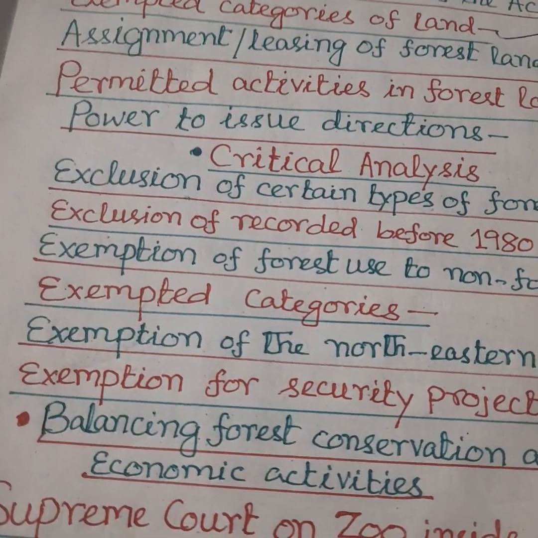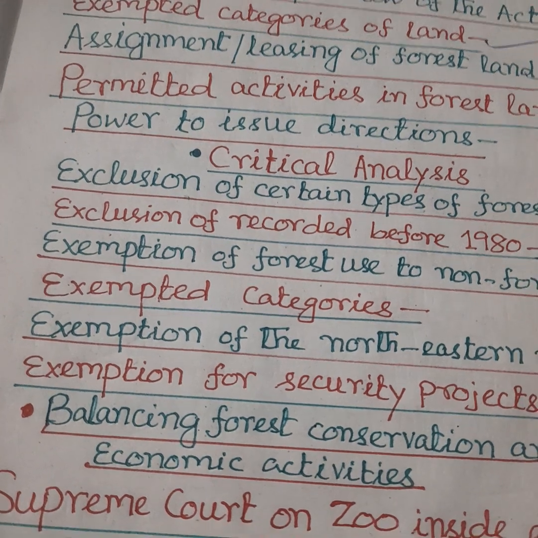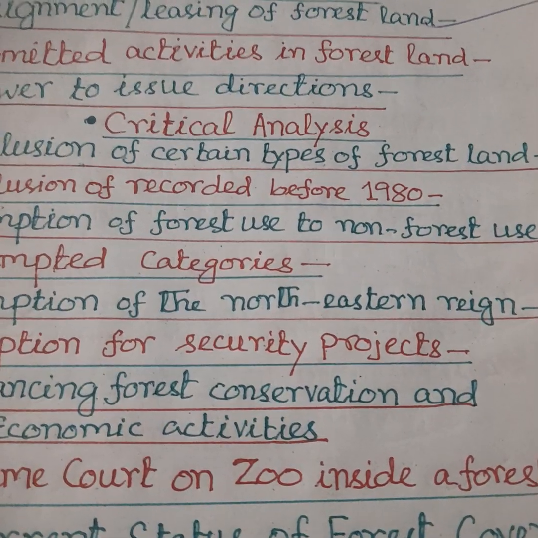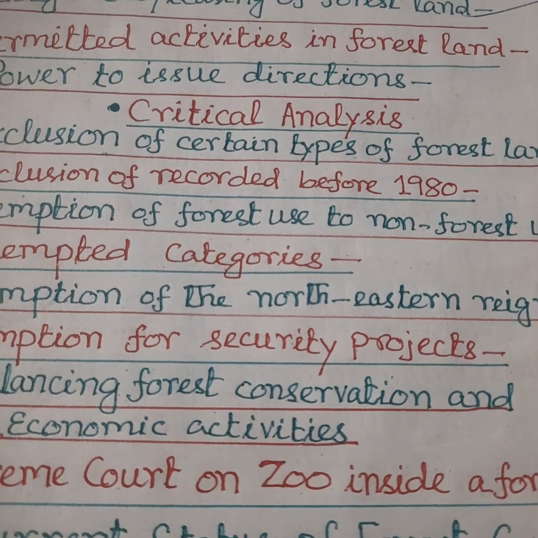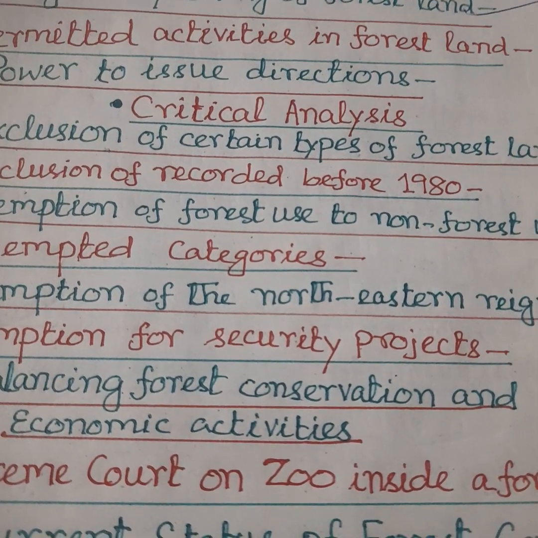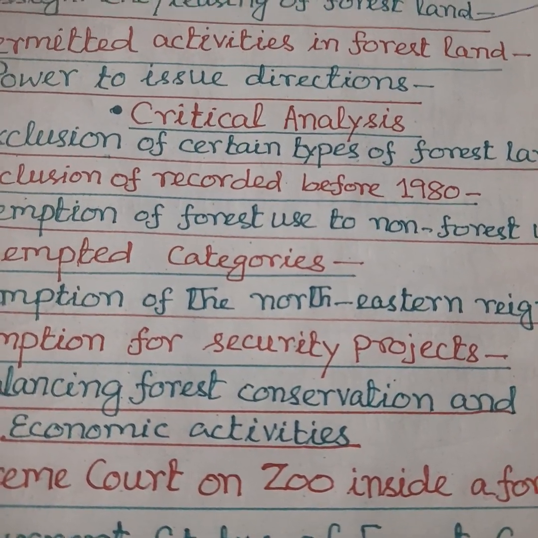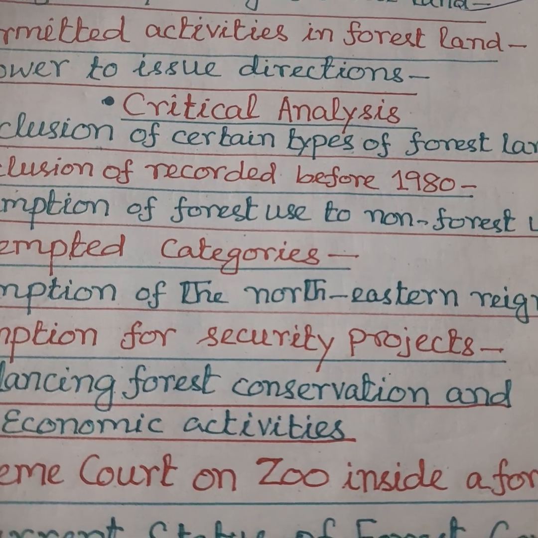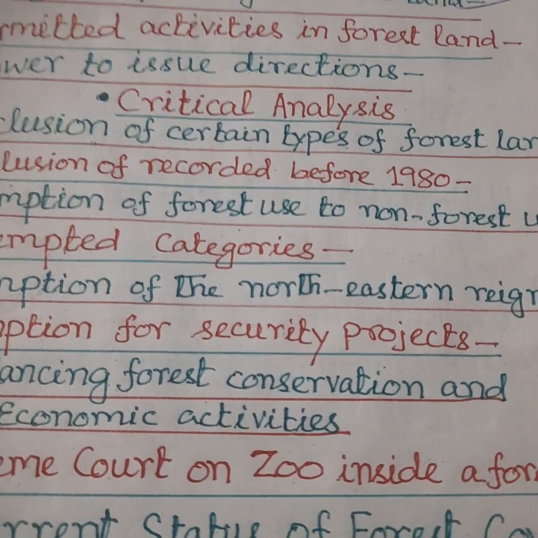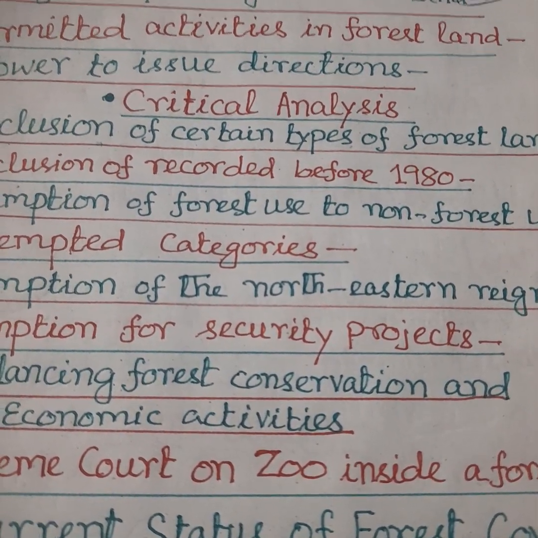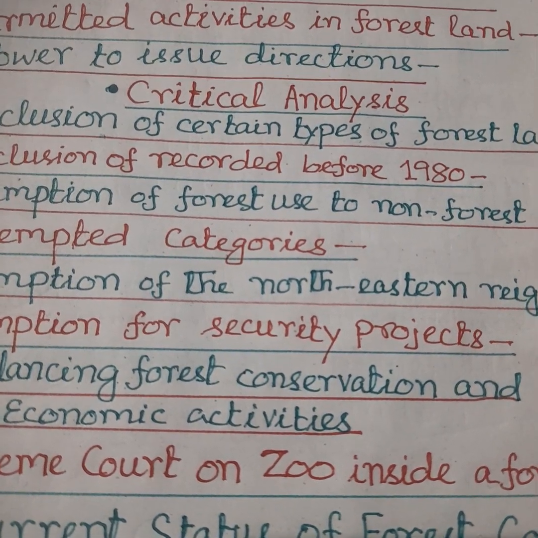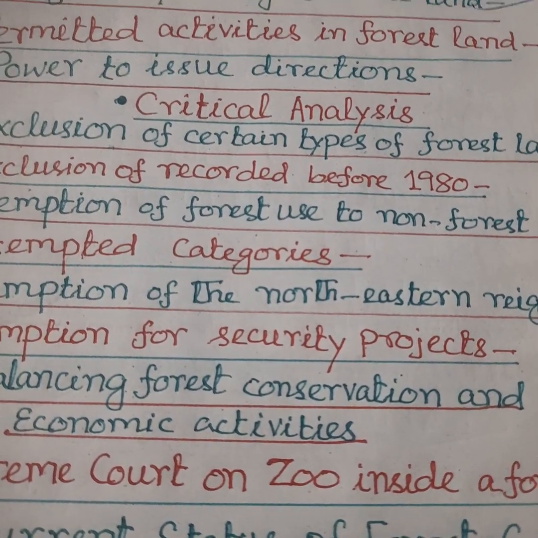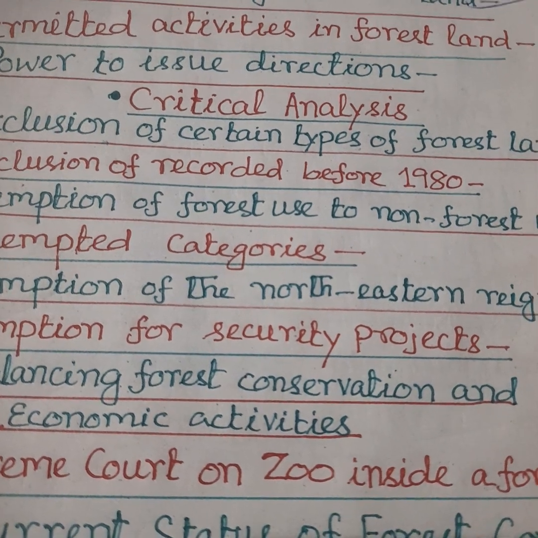These projects include security related projects near borders and infrastructure projects in left wing extremism affected areas, and the exemptions are subject to certain conditions, such as the forest area involved must not be within a national park or a wildlife sanctuary.